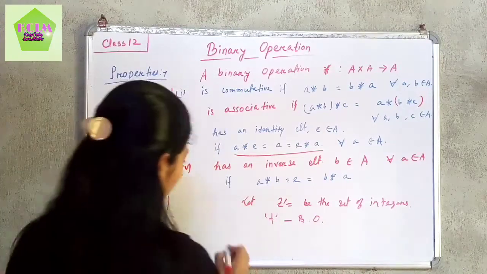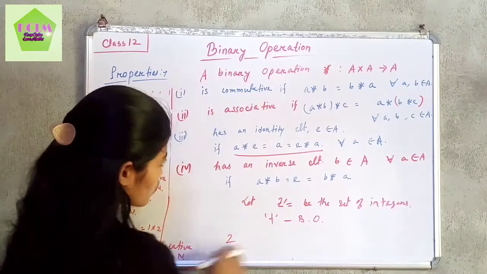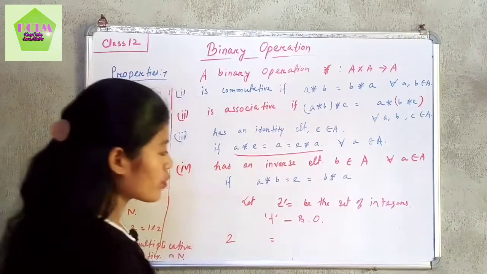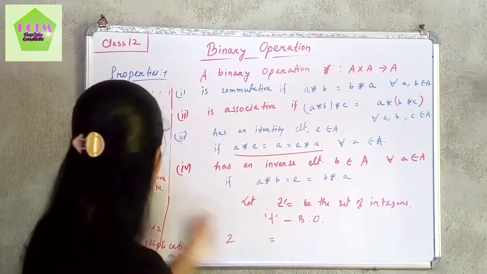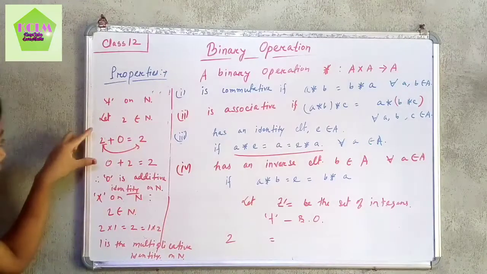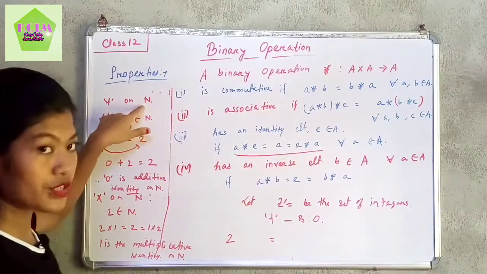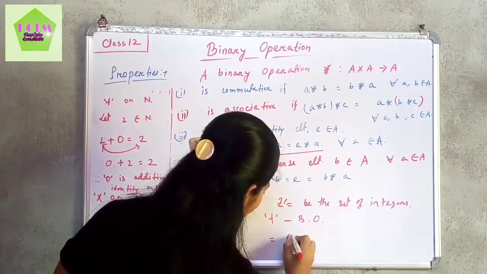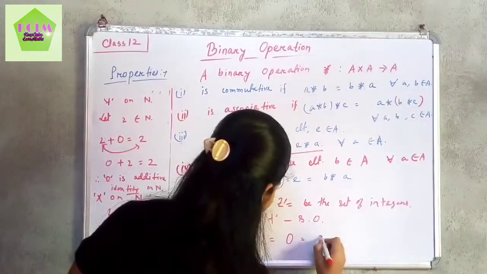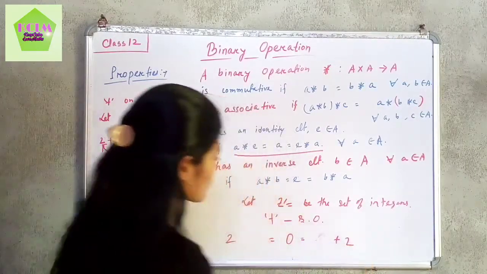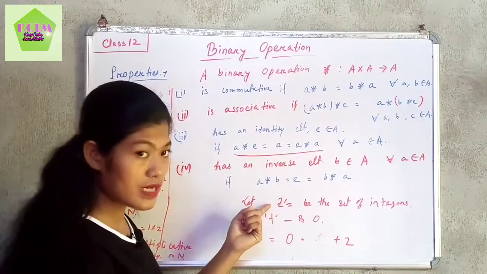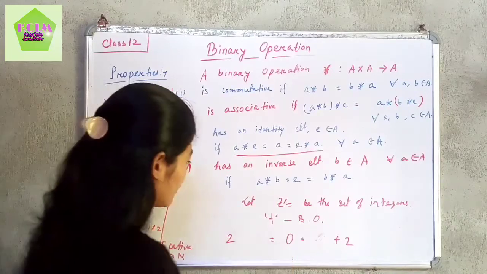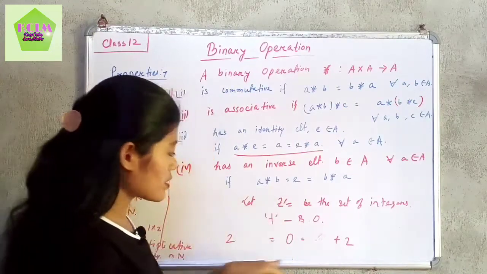So if we take the element 2 belonging to the set of integers, and we all know that the additive identity is 0 because I have done this with the set of natural numbers, so 0 is the additive identity. Now we will have to find 0 here. So is there any element in the set of integers which operates with 2 and results in 0?